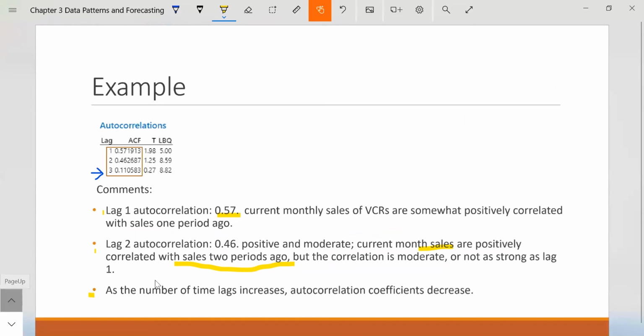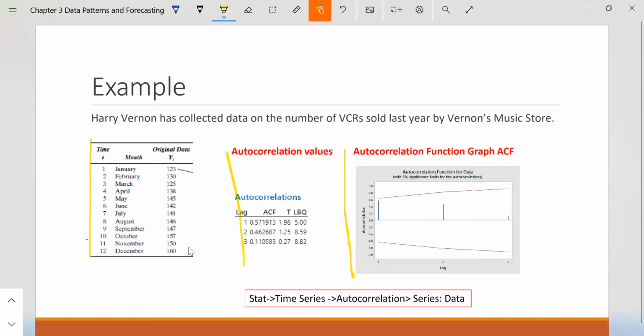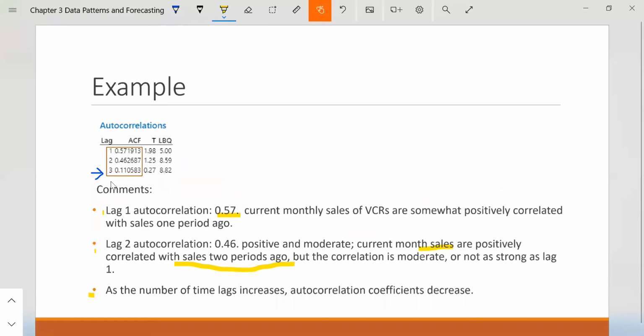Like for this example, we had 12, I'm sorry, I made a huge mistake so far, but correct myself, 12 observations, because there are 12 months in the year. So in this example, we have 12 observations. And from the data, we observe the following autocorrelation coefficient.